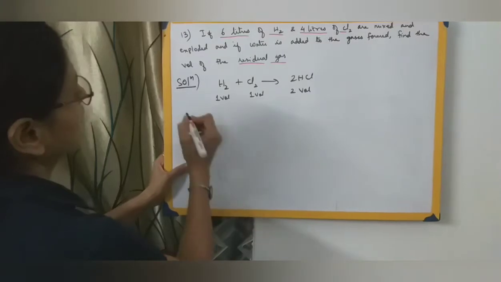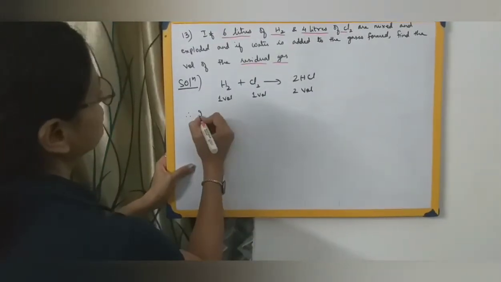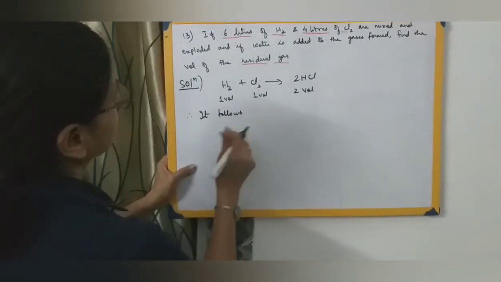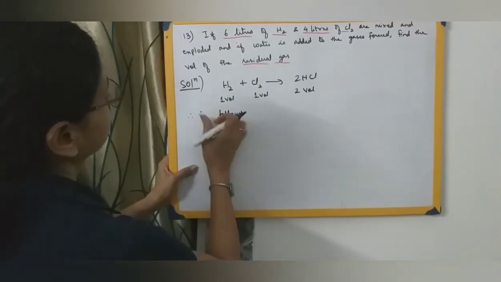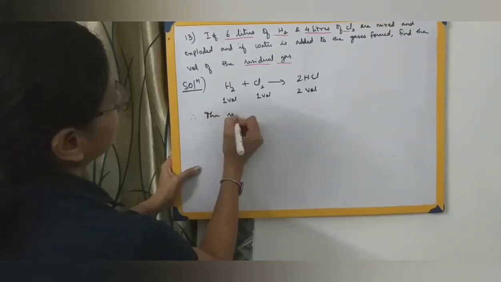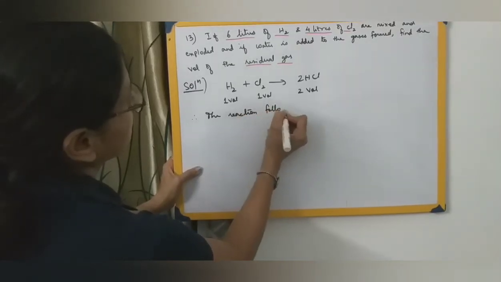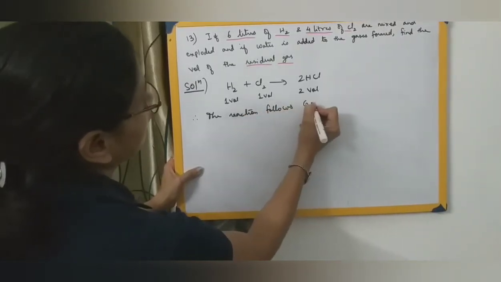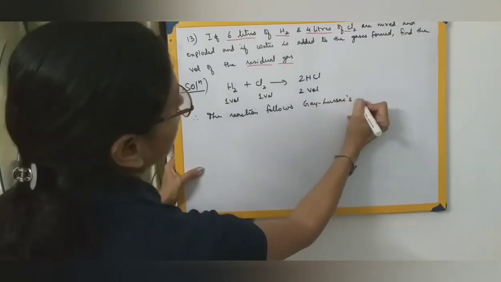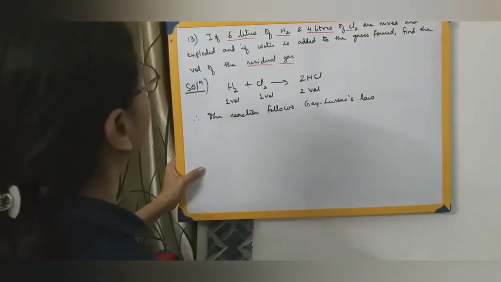Because the volumes are in simple ratio, it follows that the reaction follows Gay-Lussac's law. Always mention this, because you should be sure what law you are using.